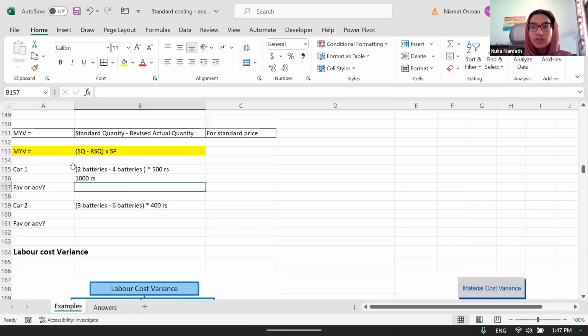Standard is 2 batteries. The revised actual input is 4 batteries. Is this a good situation or a bad situation? Sana says adverse. Okay. How about the others? Adverse. Correct. Can somebody tell me why is it adverse?